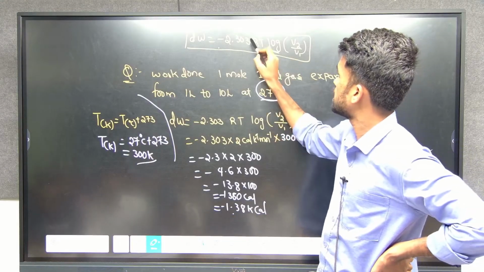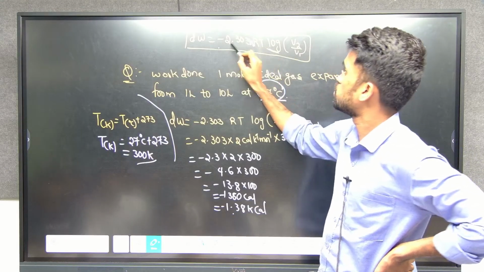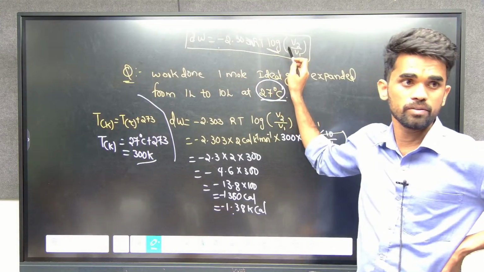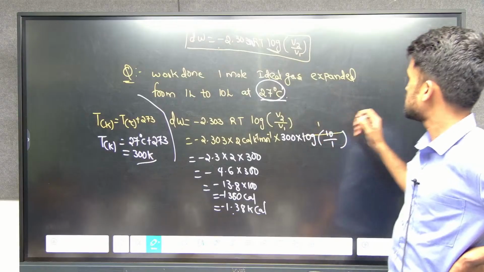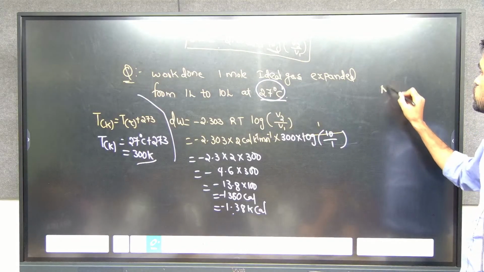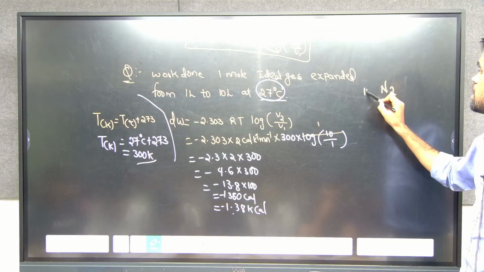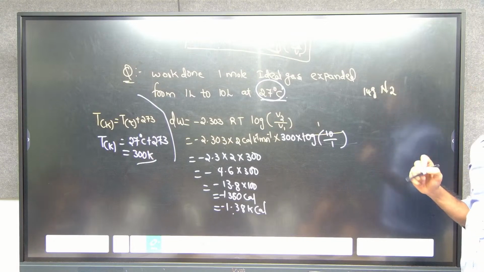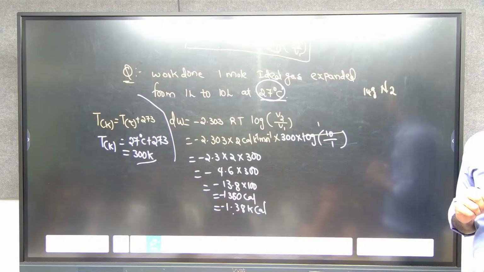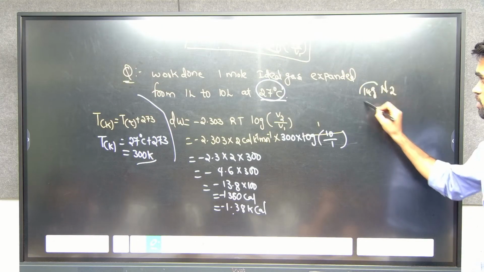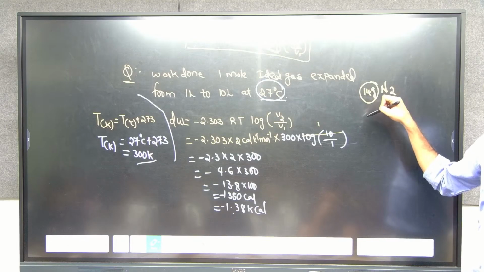If there are n moles, you should take 2.303 nRT log V2 by V1. If I say some amount, for example 14 grams of N2 gas is given, consider it as ideal gas. How many moles is it? Number of moles is given weight by gram molar mass.